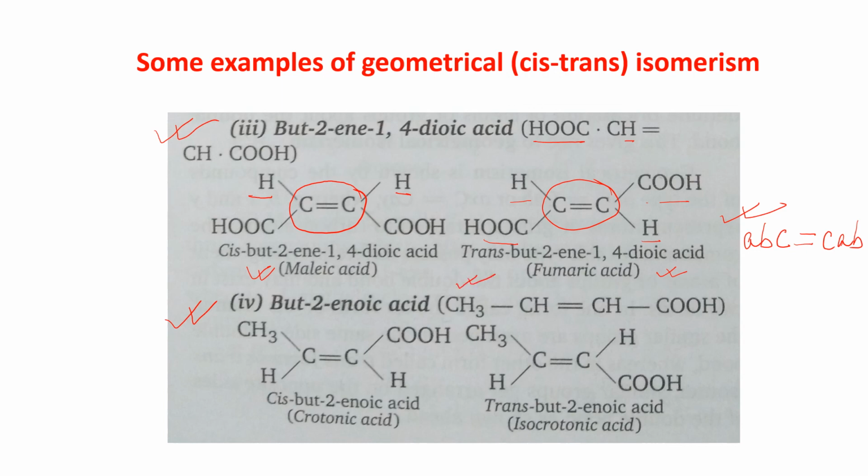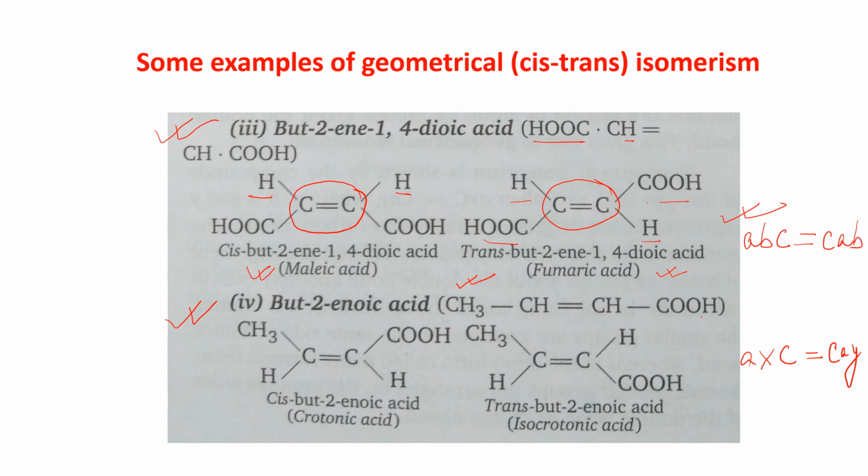Now this is the formula of the compound: CH3CH double bond CH-COOH. That means this is of the type AXC double bond CAY. That means it has one group which is common and the other one is different.